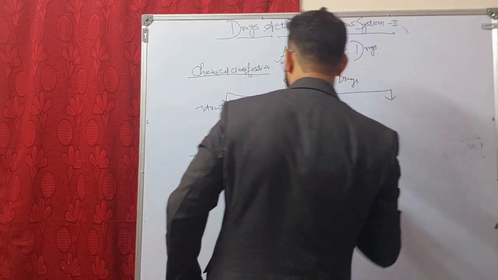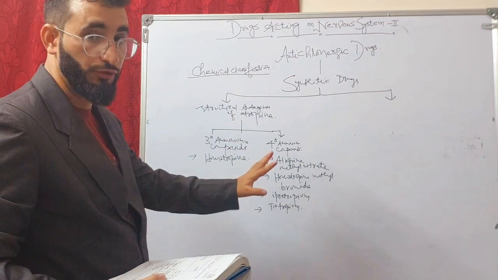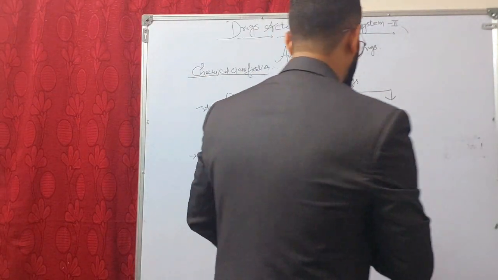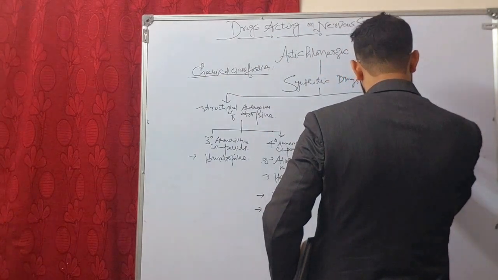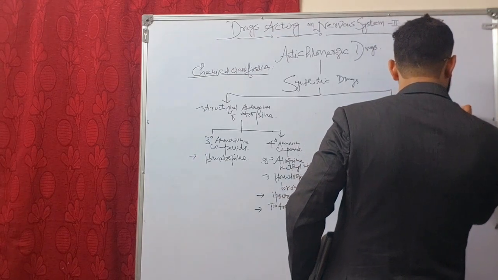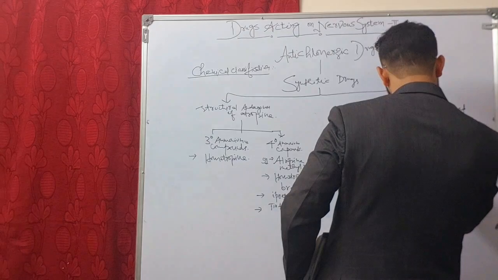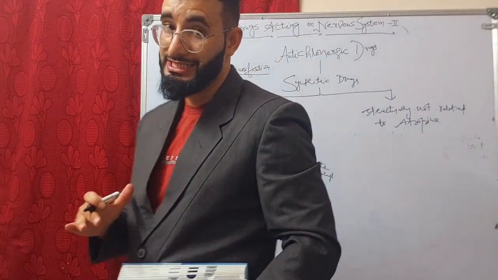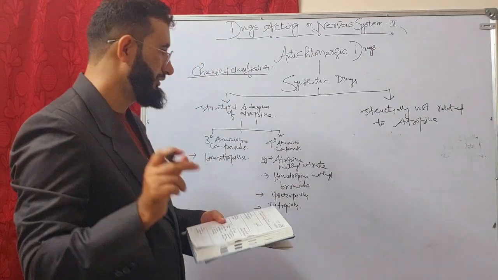So that is the class of structural analogues of atropine. Another class we have is structurally not related to atropine. This class is further subdivided into two categories.